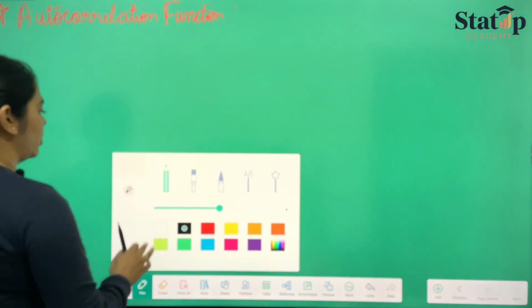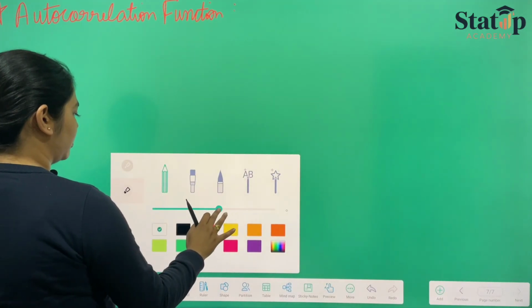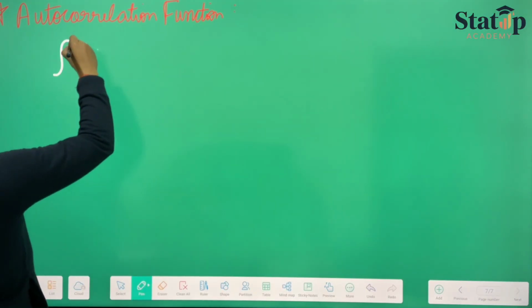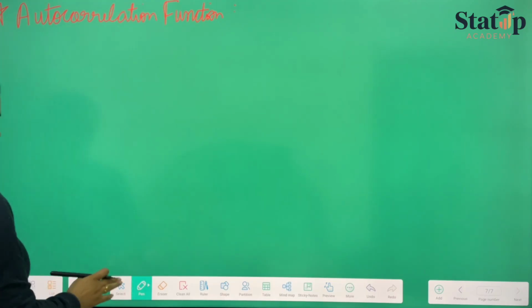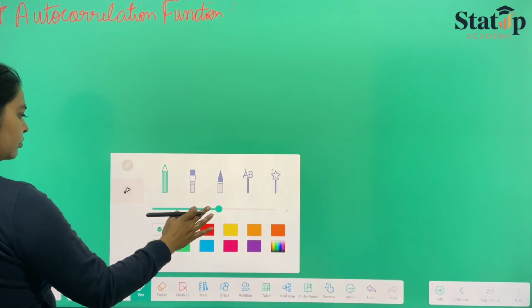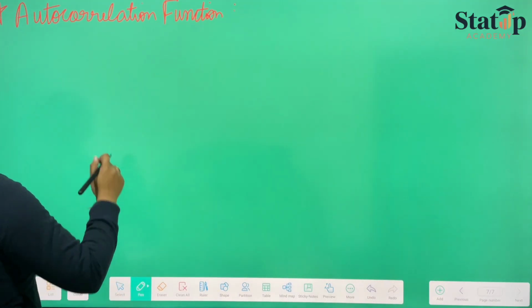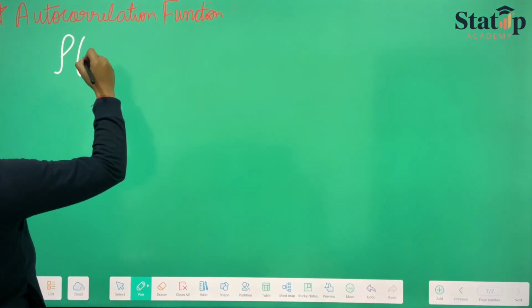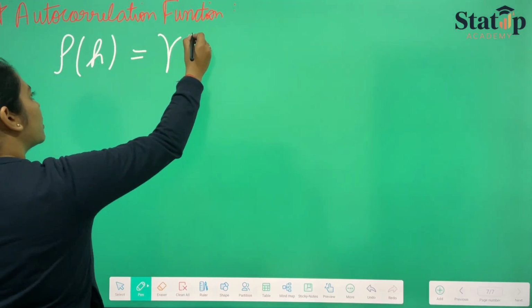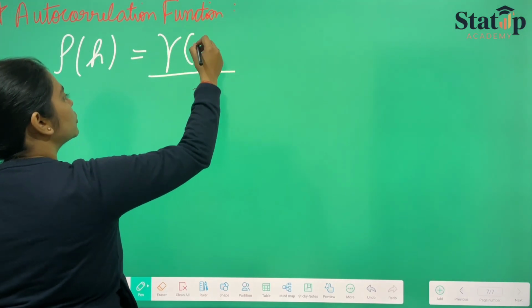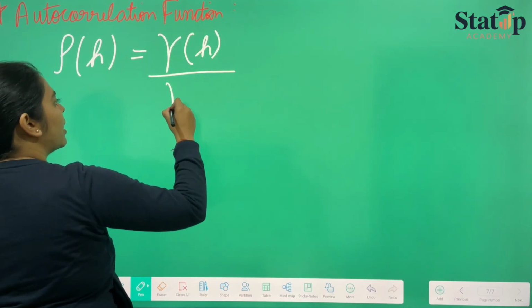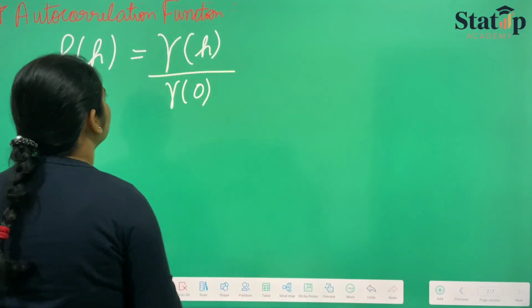Now we know that autocorrelation function is represented by rho h, the ratio of autocovariance of lag h and autocovariance of lag 0.